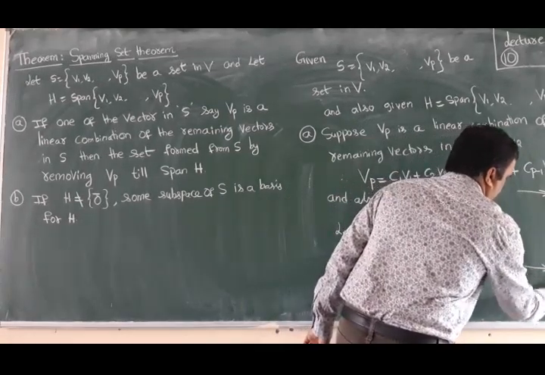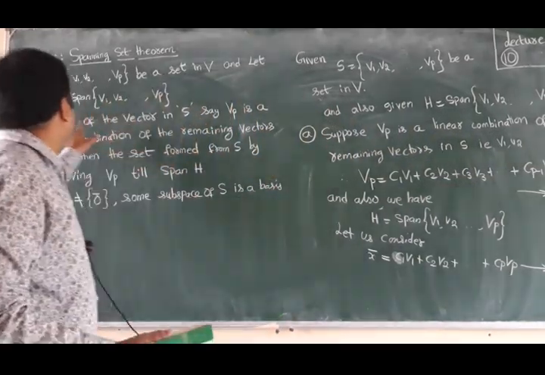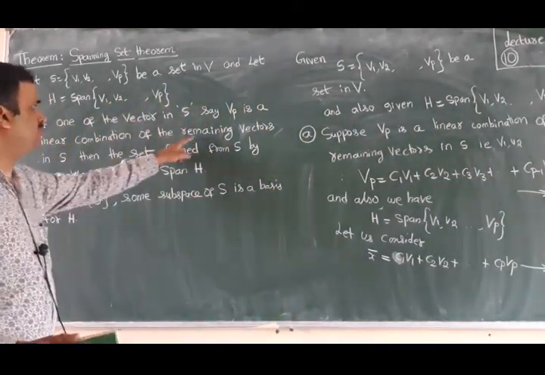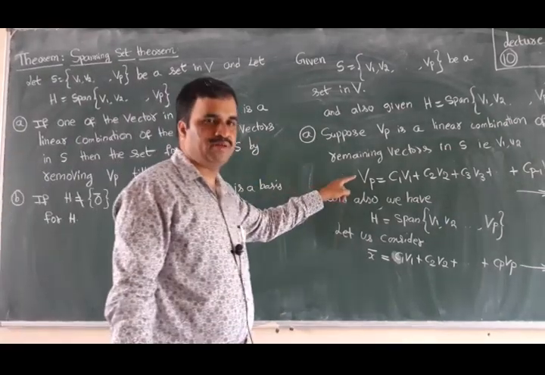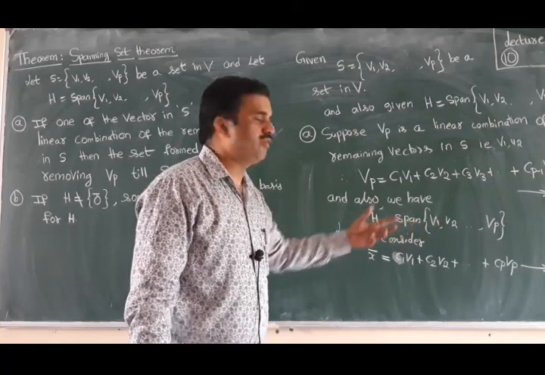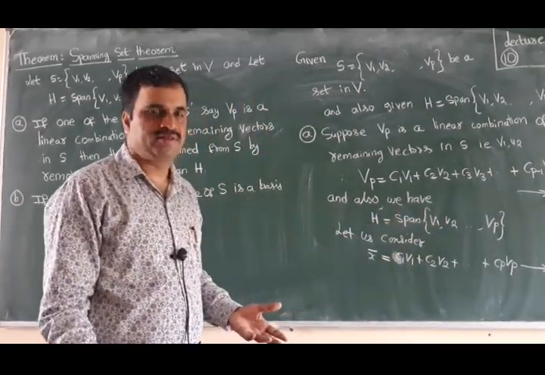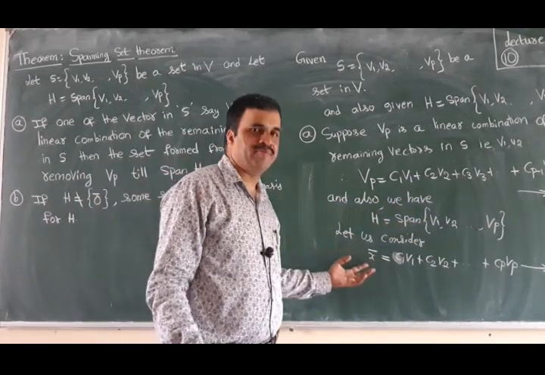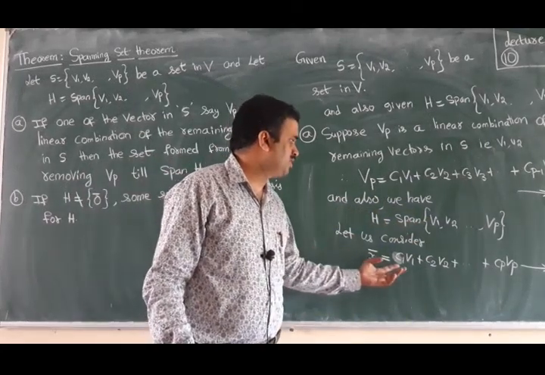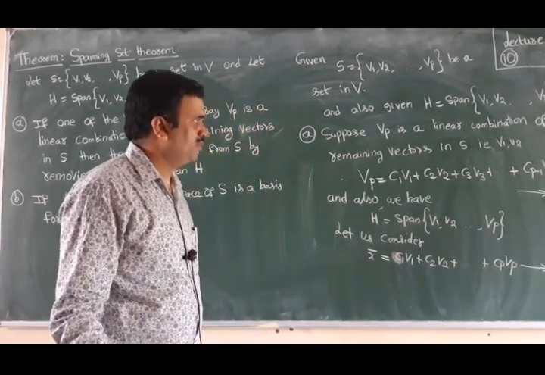Equation number 2. The first one is already given: Vp is a linear combination of the remaining vectors that I wrote. And also we have H equal to span of P vectors, which is nothing but the combinations of these vectors. We can write one more vector, so I can consider that vector as x bar. So x bar is equal to C1 V1 plus C2 V2 plus so on Cp Vp.